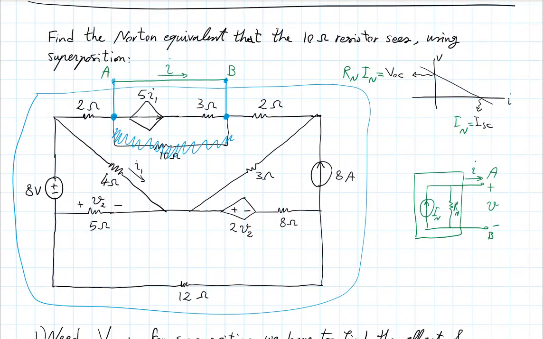Now you could, first of all, question, can I use superposition and nodal analysis together? Yes, you can, absolutely. There is nothing to contradict that, right? Nodal analysis does not change anything to the physics of the problem. It's just one method of solving things.